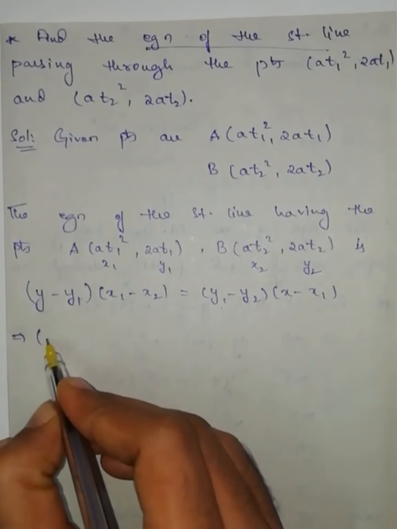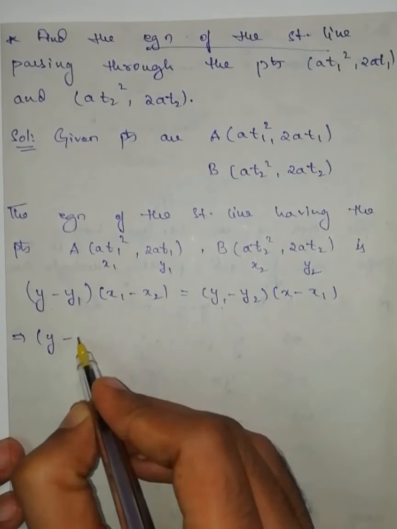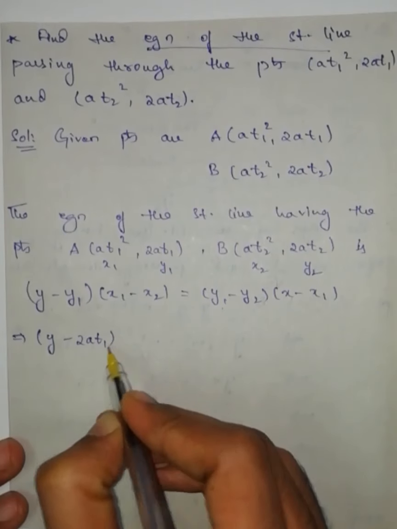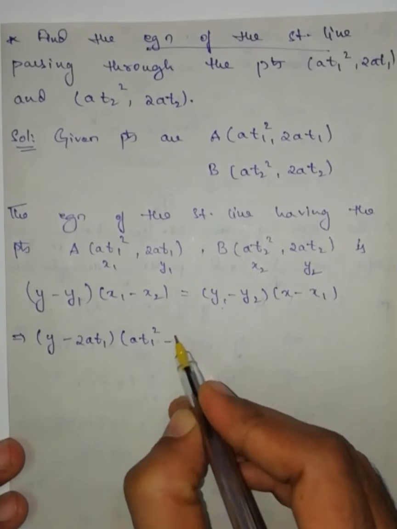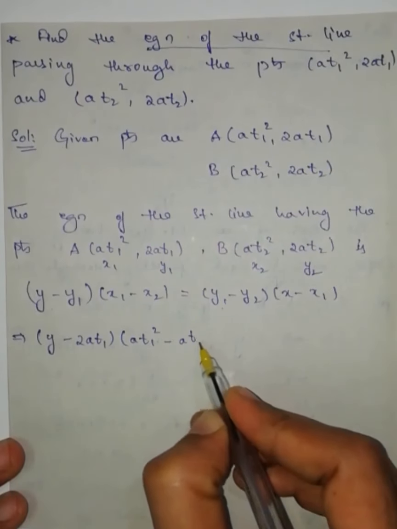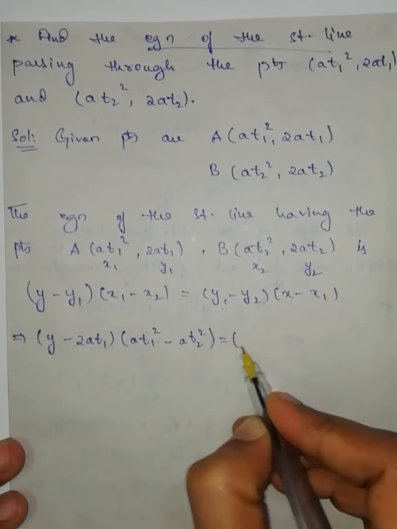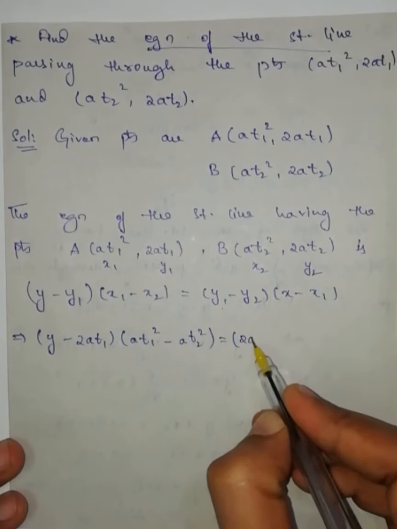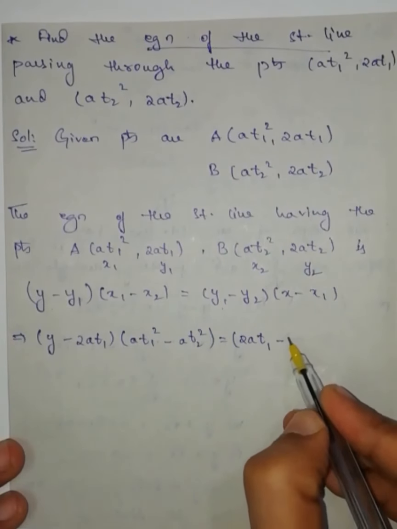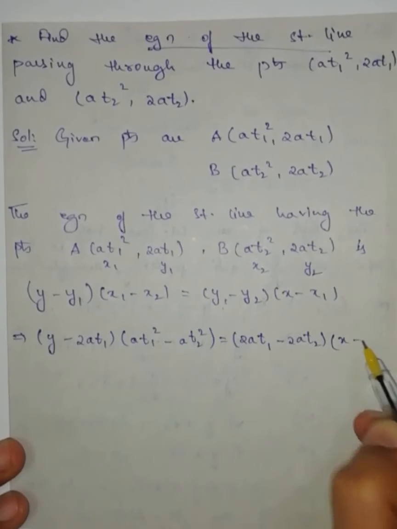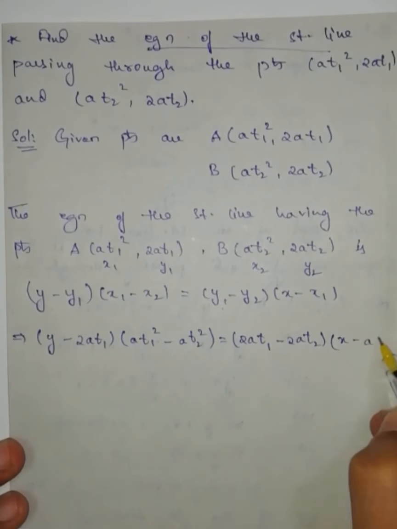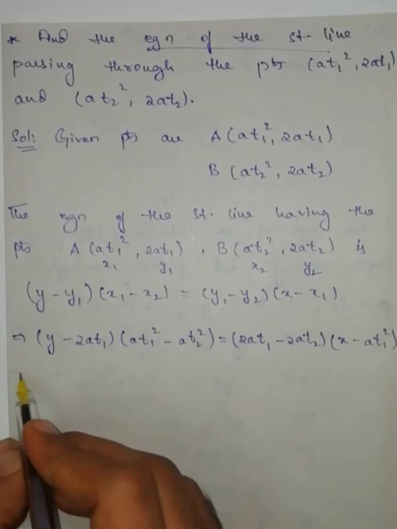What you will get? y minus y1 is 2a t1, x1 is a t1 square minus x2 is a t2 square is equal to y1 is 2a t1 minus 2a t2 into x minus x1 is a t1 square.